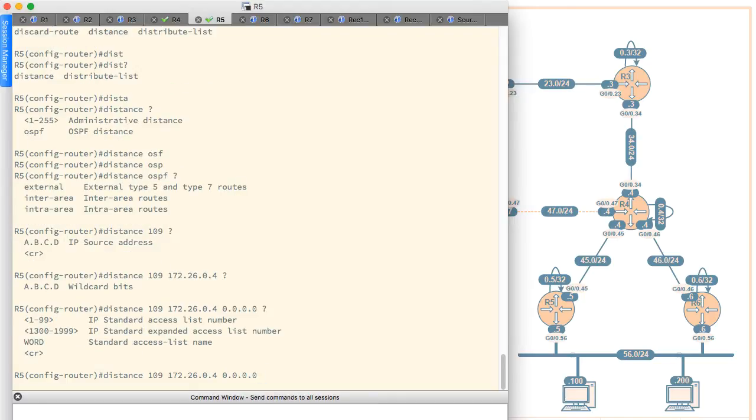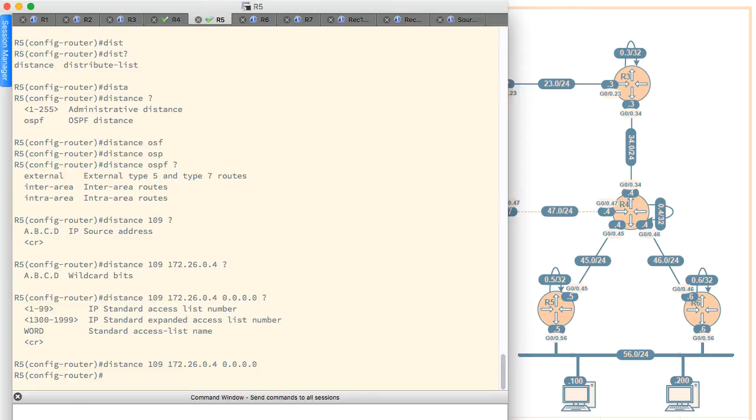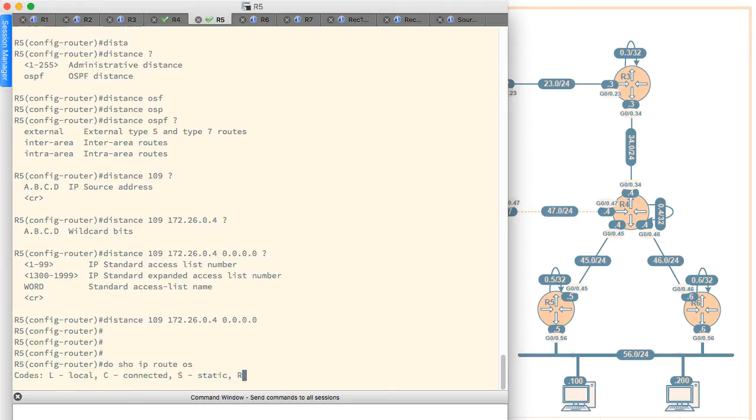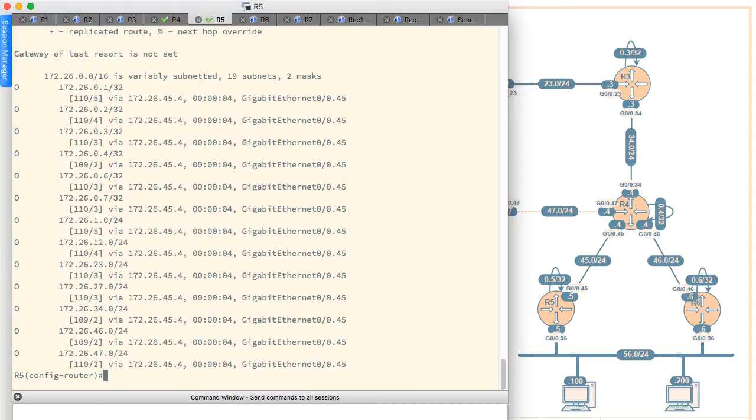And then the list would actually contain the IP. So let me just change the distance for everything that's coming from R4. Let's see if that works. Do show ip route ospf. Nope, that distance is, yeah, there we go. So anything that was originated from R4 has actually gone down to 109.